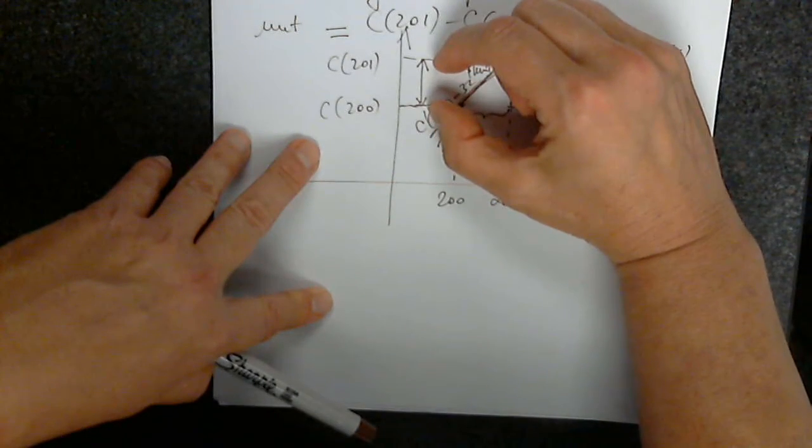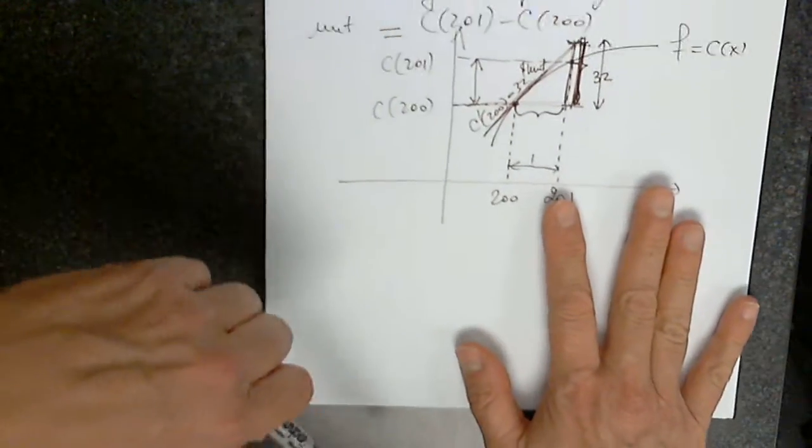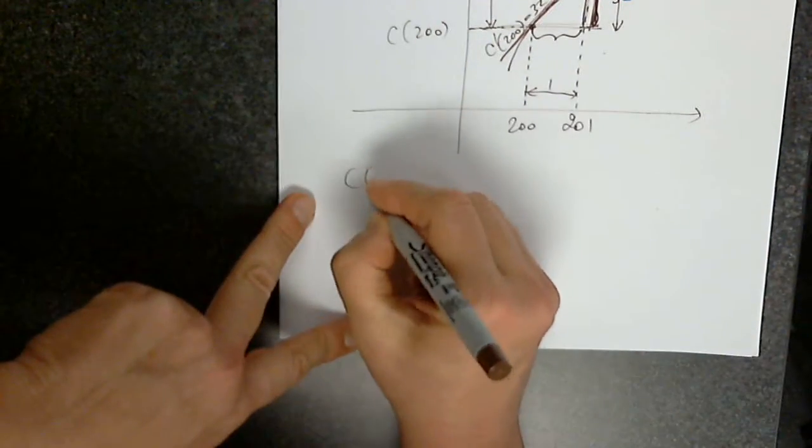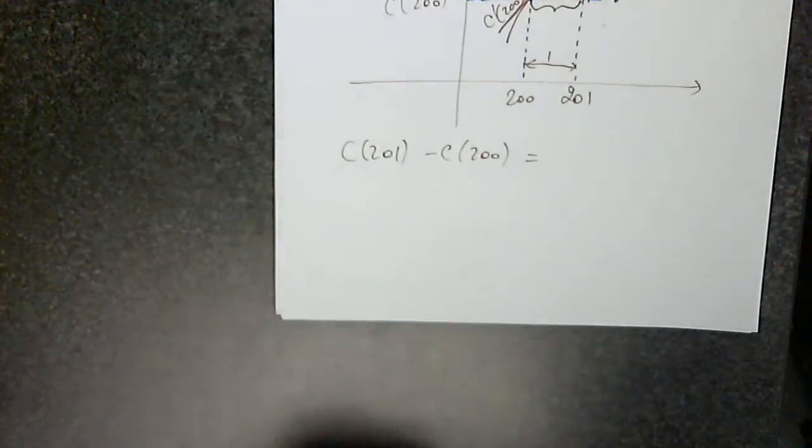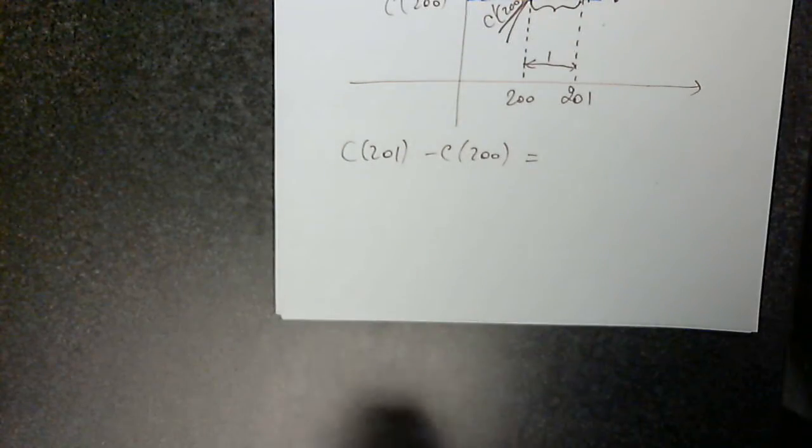Now I have to determine this difference. Let's determine this difference. So C of 201 minus C of 200. And of course, I no longer have the function.